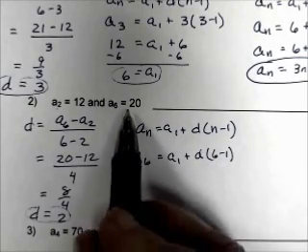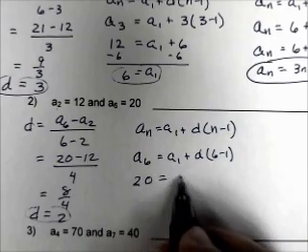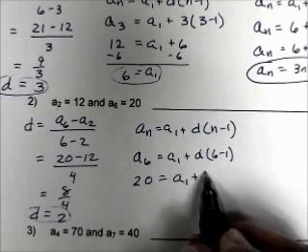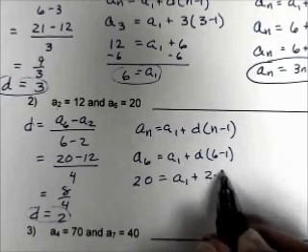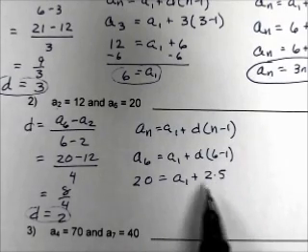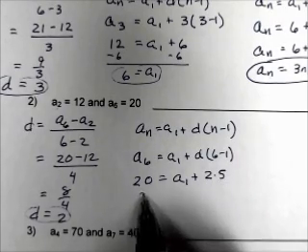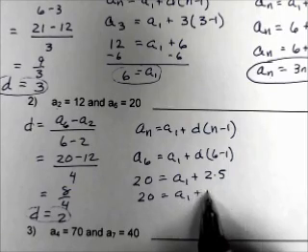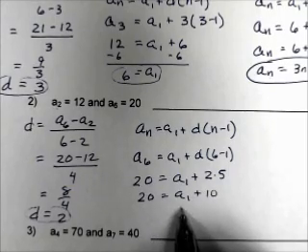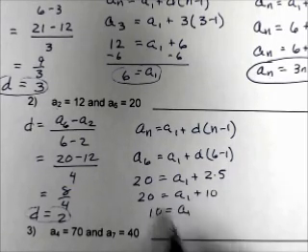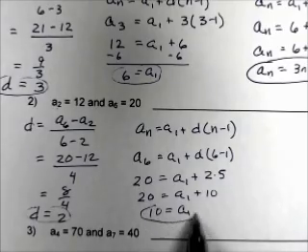Replace a sub 6 with the value of its term: 20 equals a1 plus d is 2, and 6 minus 1 is 5. 2 times 5 is 10, so 20 equals a1 plus 10. Subtract 10 from both sides and a1 is 10. So our first term is 10, right?